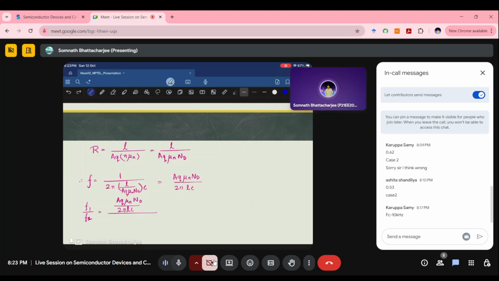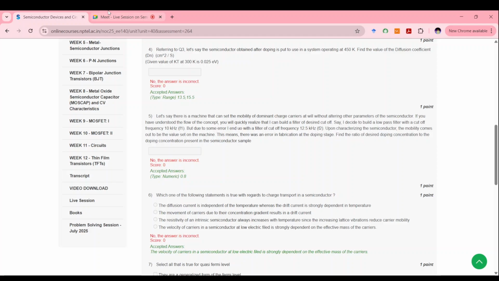So let's put it as ND1, A q mu n, ND2 by 2 pi L C. Now if we put in the values here, this would be ND1 by ND2, and this is 10 by 12.5, or this is 0.8, right? 12.5, yeah, 0.8. So the value is 0.8. What was the answer there? The answer was 0.8.